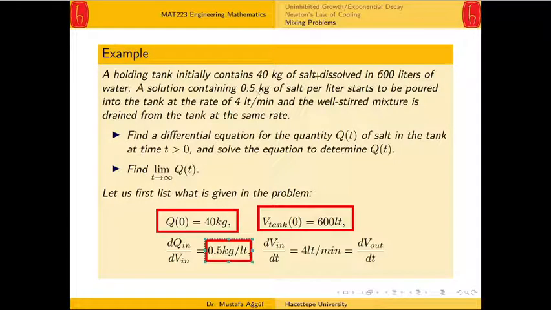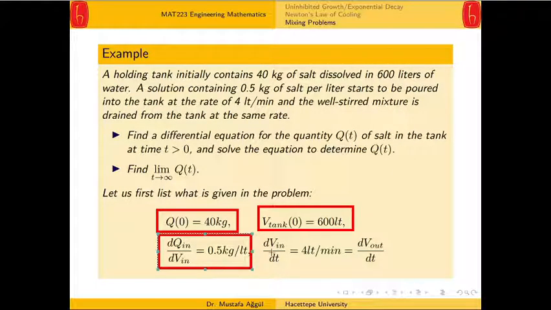What kind of information does this give us? This is dQ/dV, because we have the amount divided by liters. So this is the amount in a liter, basically the density: the volume derivative of the amount.